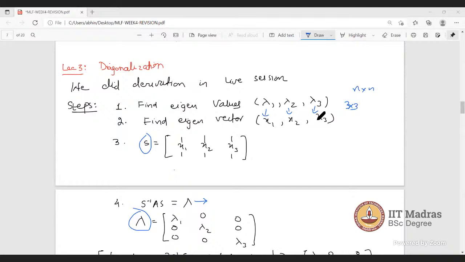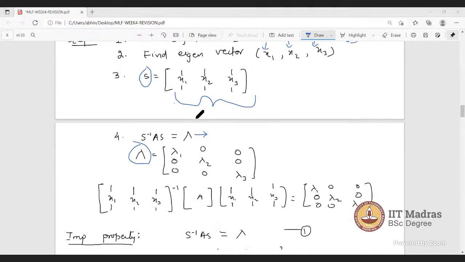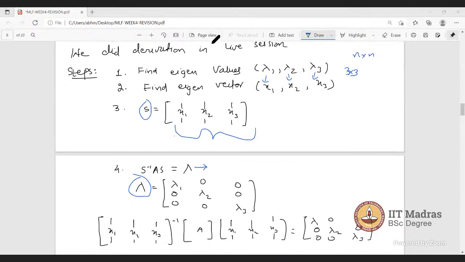So when x1, x2, x3 are independent, and when you are stacking them together, then this matrix is going to be full rank, correct? So I think it doesn't require any special mention. I think I'm clear on this part.